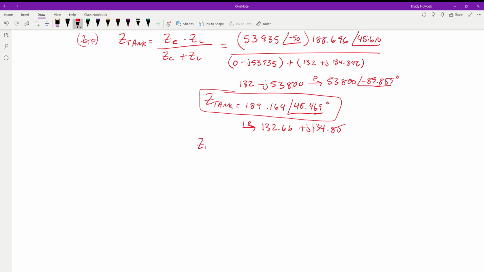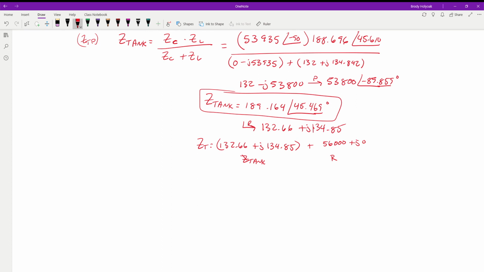Our impedance total is equal to this value, the 132.66 plus j 134.85, so this is Z tank, and we're adding that to our resistor value. So that's 56,000 plus j of 0.